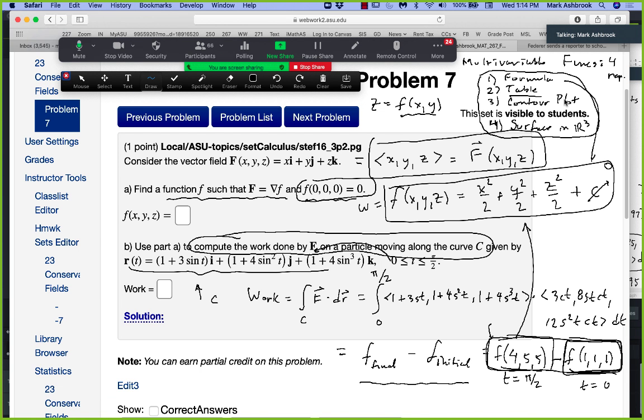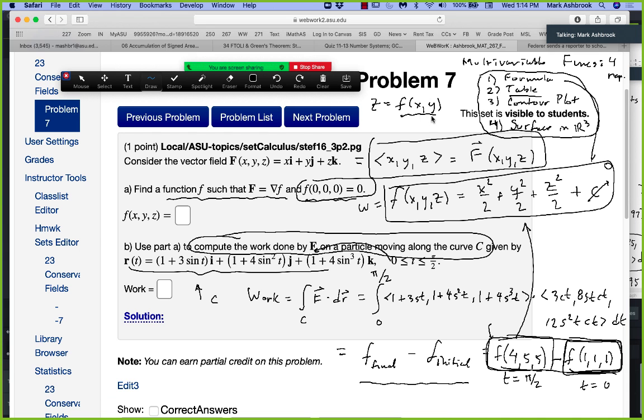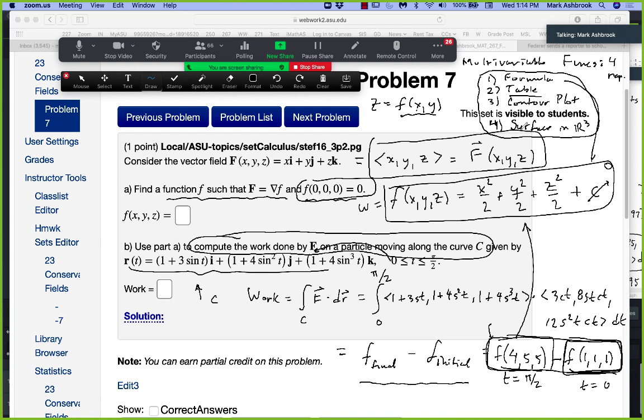The contour plot, those level curves, are constant z values. The table gives values of z for different ordered pairs x and y. A surface in R3 gives ordered triples, so a z for every x and y.